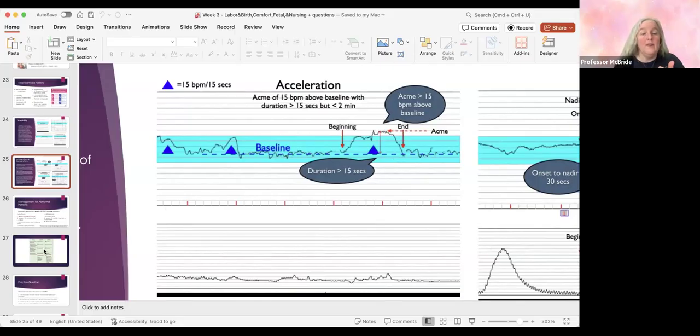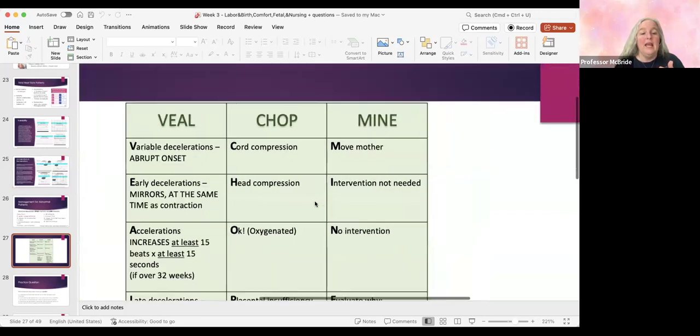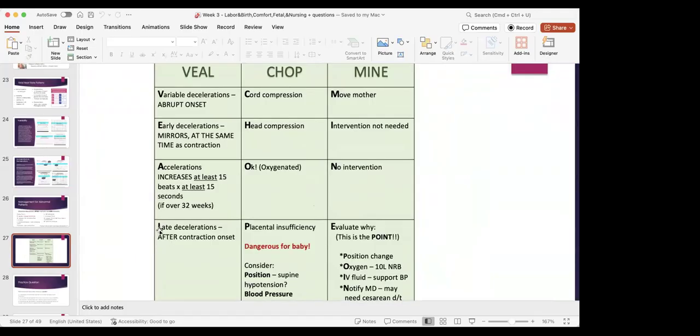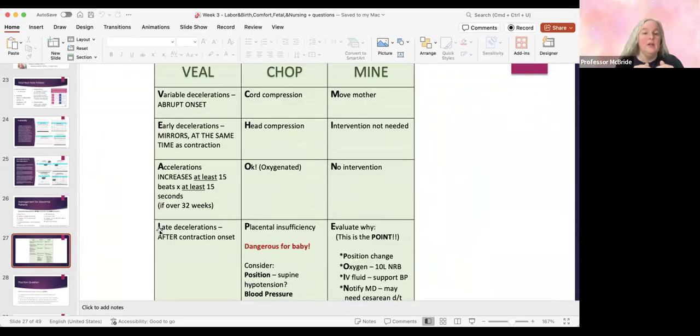So when we think about VEAL CHOP, A is for accelerations, and then L is for what? Late deceleration. So that's your VEAL. Then you have the word CHOP next to it. The C is for cord compression. If we follow it straight across, variables are caused by cord compression.